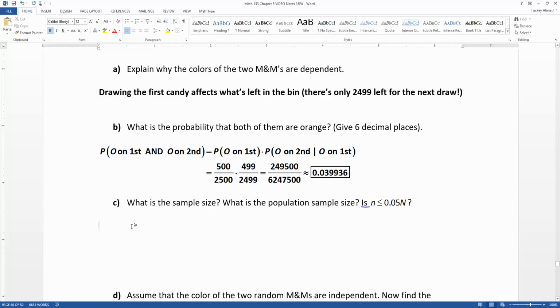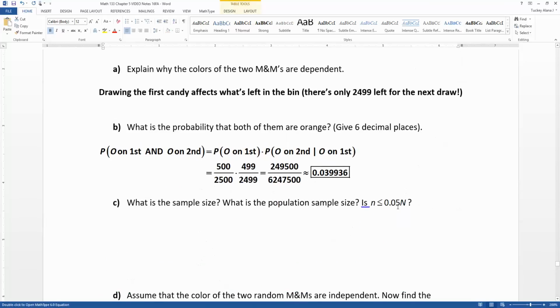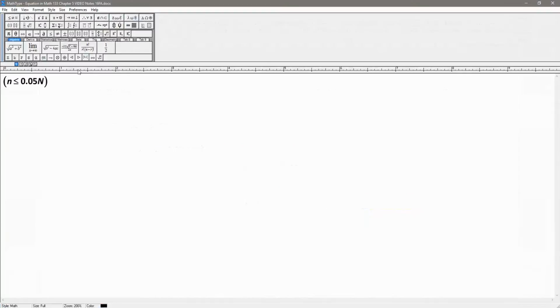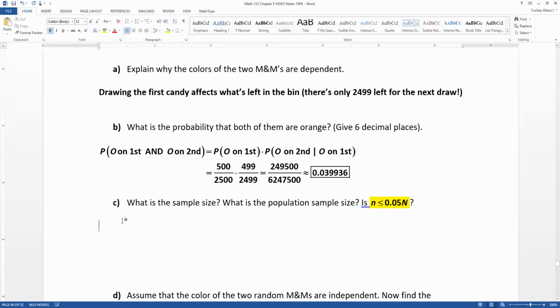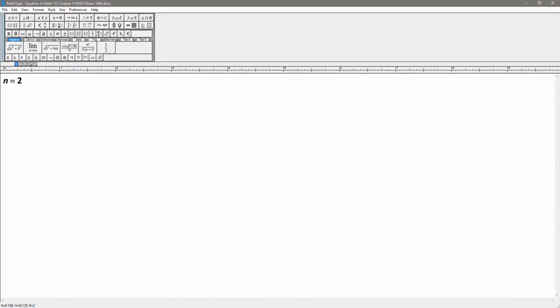Now, what was the sample size and what was the population size? Do we in fact satisfy this condition of little n being less than or equal to 0.05 capital N? Let's start with little n. Little n is our sample size, which was 2. Capital N is our population size, which is how many there are in the bin, which is 2,500 originally.